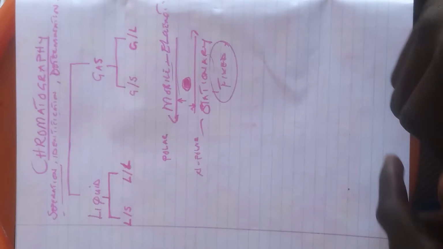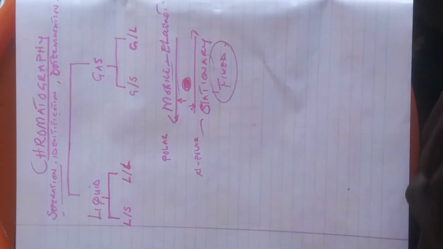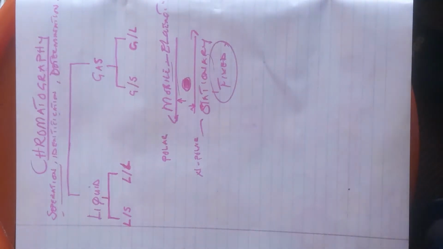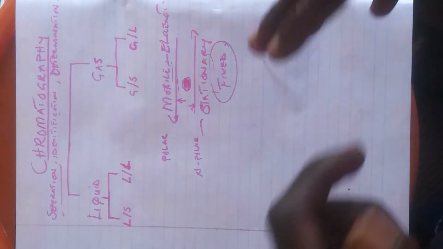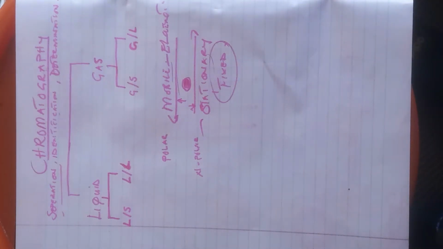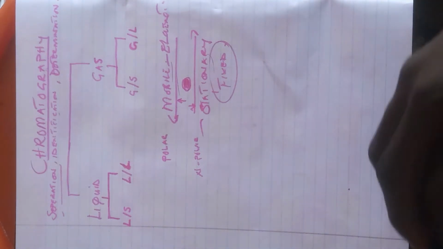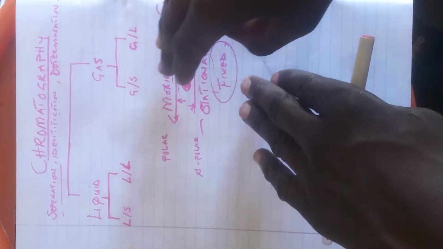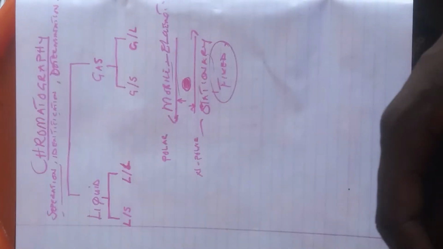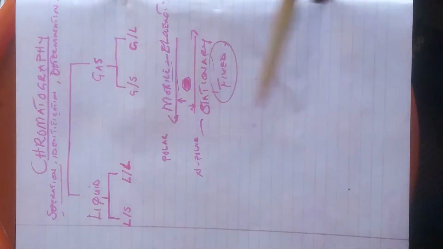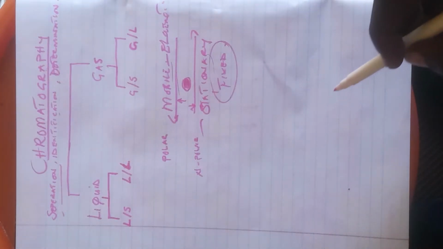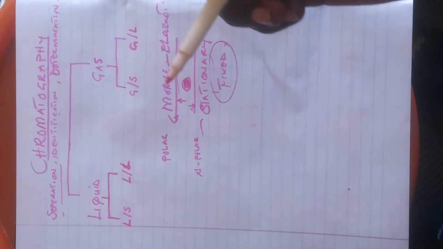And we know what polarity is: it is just the property of bearing a charge, regardless of positive or negative. So the two phases are made in such a way that when the mobile phase is polar, the stationary phase will be non-polar. If the mobile phase is non-polar, then the stationary phase will be polar.